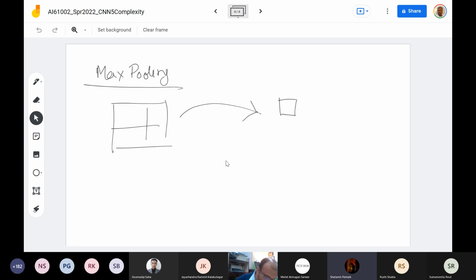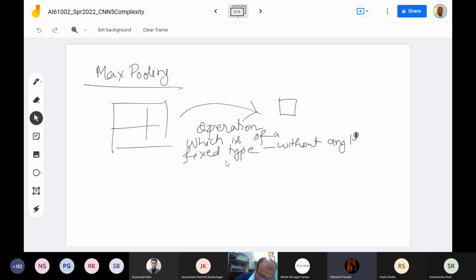So essentially there is an operation which is of a fixed type without any learnable parameter. This is the same thing even for your linearize or flatten operation itself. Okay. But here, if this is my input and this is my output, then I have two different sets of input and output. There is some operation which is happening over there.